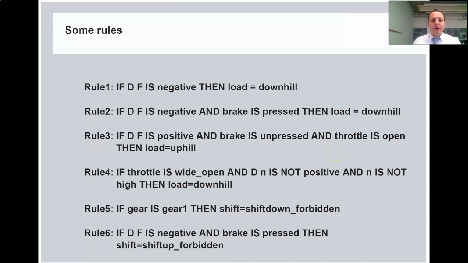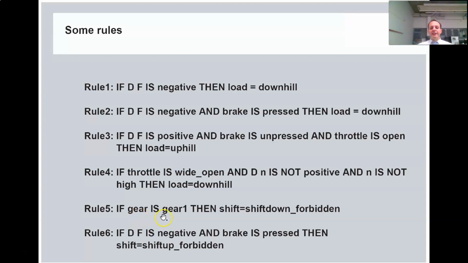And some rules: if we have, for example, some variables negative, then the load is downhill, or if the variable is still negative and the brake is pressed, then the load is downhill, or if the input is positive and the brake is unpressed, then the throttle is open, then the load is uphill, or you are going up, and so on. You have different working conditions.